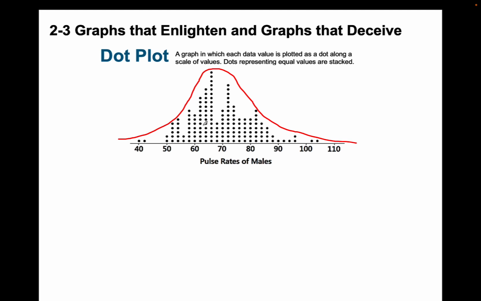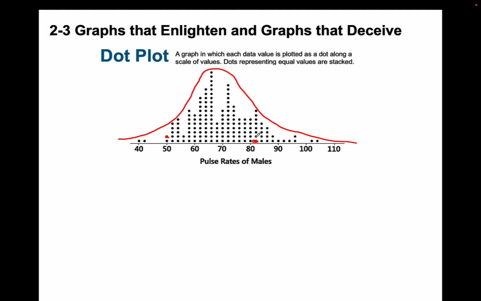For example, let's go with an easy one, right here. That dot means that you had one male with a pulse rate of 50. This dot right here means that you had one male's pulse rate of, looks like 82, okay?